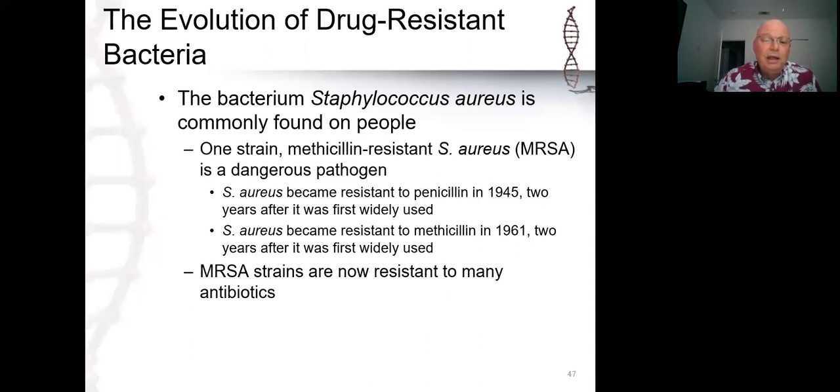What the antibiotic does then is kill off all the bacteria that lack that mutation and leave behind the antibiotic-resistant bacteria, because they're not going to be killed by the antibiotic. Those then reproduce, and the numbers of antibiotic-resistant bacteria increase quite dramatically very quickly as a consequence, because we know bacteria reproduce really quickly.